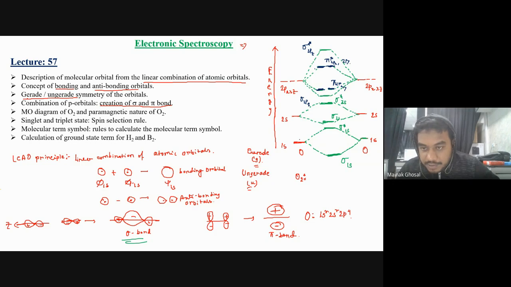So now I am putting electrons here, one and two. Sorry, two electrons each. Two p four, just like that. Here I am just putting them again. Okay.